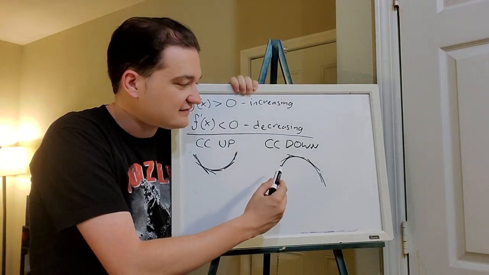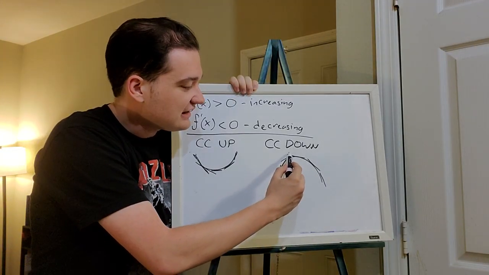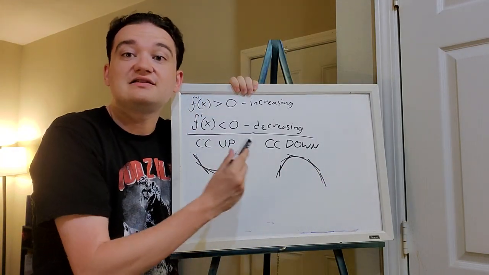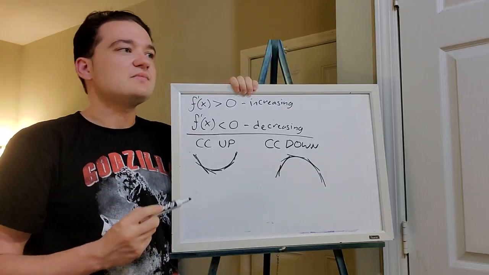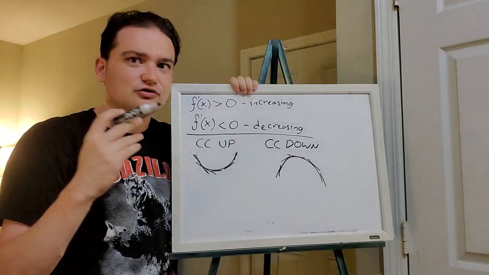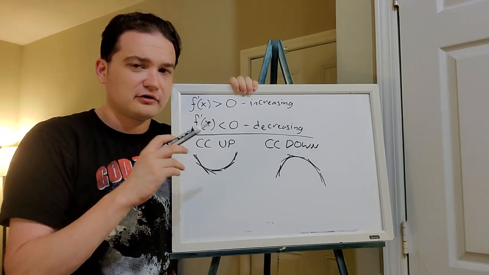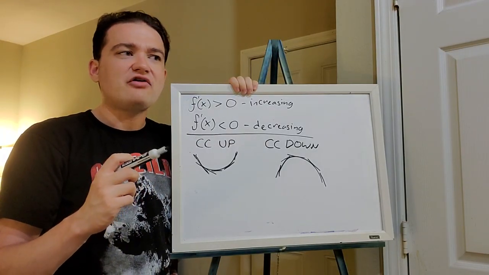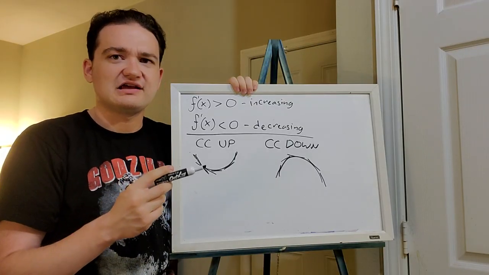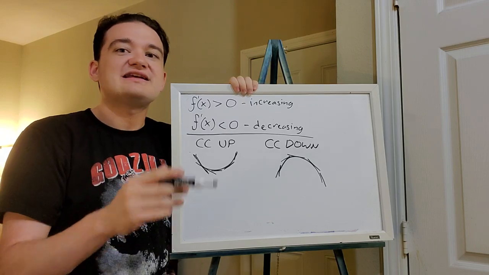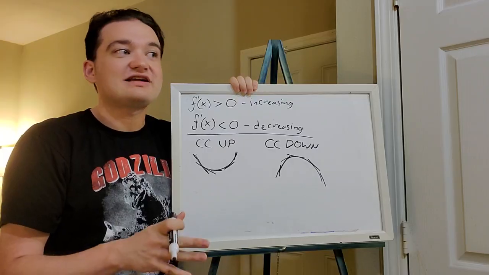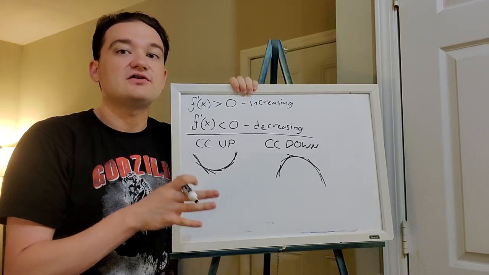Derivative starts off positive. Gets less, hits 0, starts becoming negative. It's decreasing. Okay, so if our function is increasing or decreasing when the derivative is bigger than 0 or less than 0, how can we tell if our slope, if our derivative is increasing or decreasing? We're going to take the derivative of that. It's the same thing, except now we're taking the derivative of a derivative.